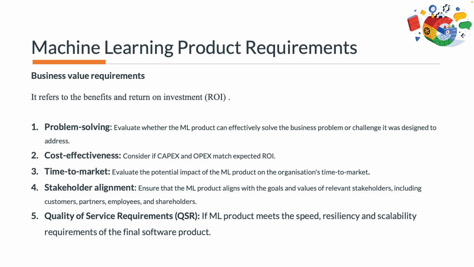The fifth one is quality of service requirements, QSR, also known as non-functional requirements, such as performance and accuracy. Check to make sure if the machine learning product meets the speed, resiliency, and scalability requirements of the final software product that we are building to deliver value for the company.